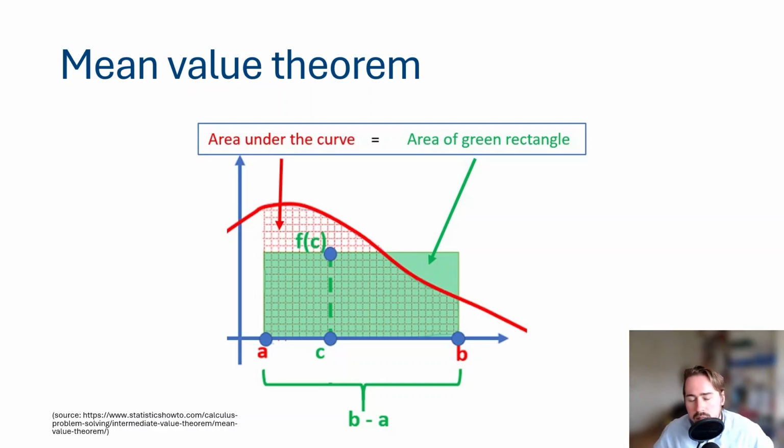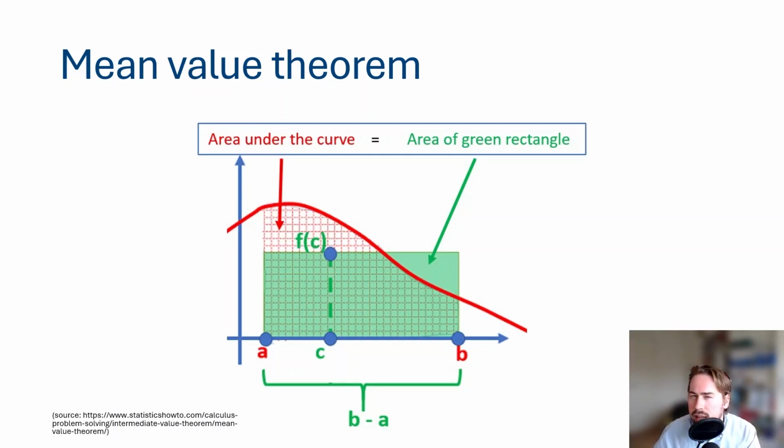Now, typically, if you work with just an average value, we take a point here, we draw a straight line to B, and we take the average value. So that's how you would do that traditionally. Now, with the mean value theorem, what you basically do is you calculate the area under the red curve, and you find a rectangle which has the same base, which is AB.